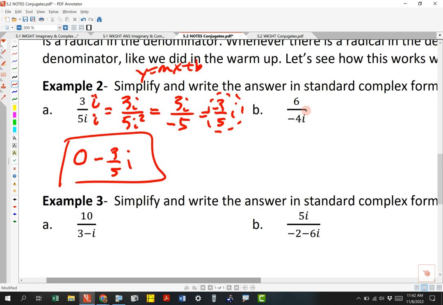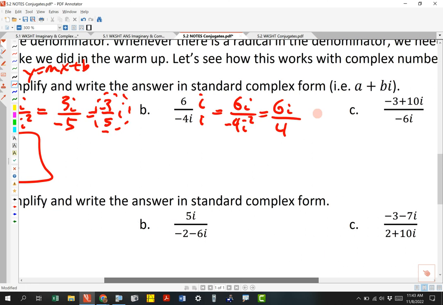Okay. This one's written a little bit funny to start with. You can either simplify at the beginning or at the end. I need an i here and here. That's going to give me a 6i on the top, and on the bottom it's going to be a negative 4i squared, which is going to count as a 4, which is going to give me 3i over 2, which if I want to write it in standard form, 0 plus 3/2 i.